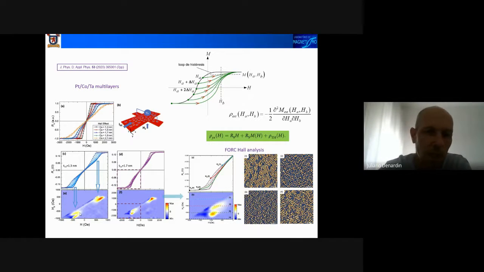That means after you apply a reversal field that crosses this region, this field, like more than minus 500 Oersted or more than minus 50 Oersted, you have a magnetization process inside the sample that is irreversible.